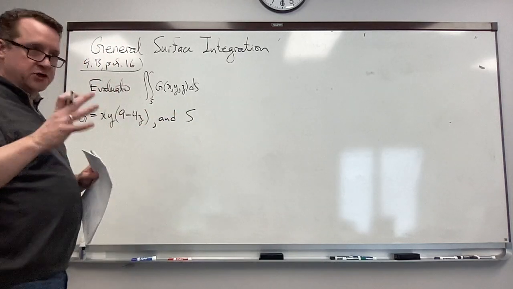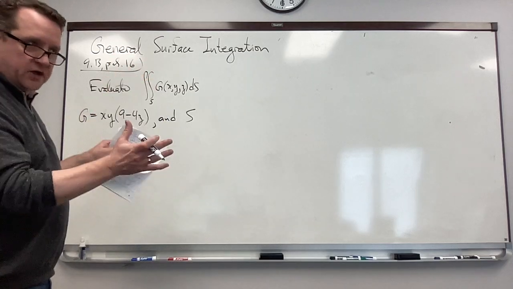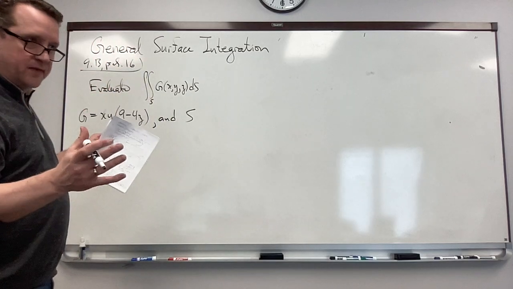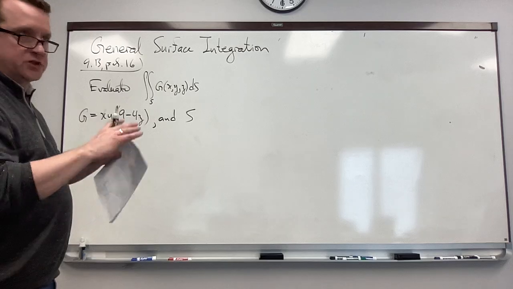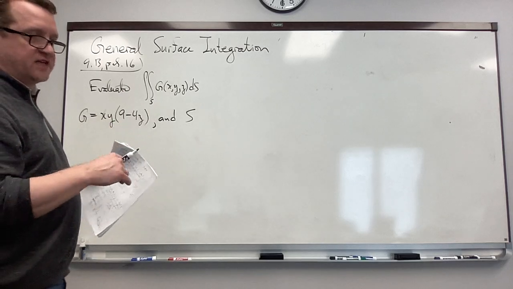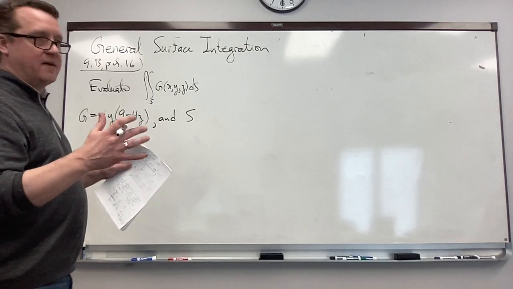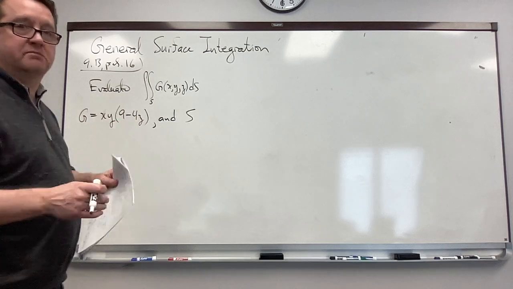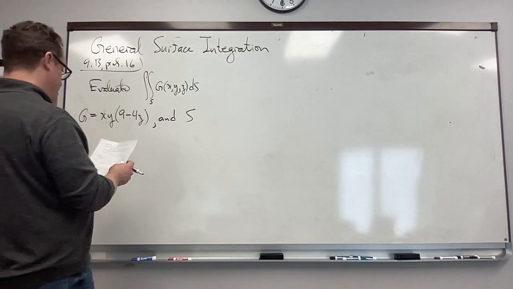There should be two functional definitions in these problems. One functional definition is the thing we're integrating. The other functional definition is what surface. Sometimes the surface is given as a function. Sometimes it's described as the intersection of a whole bunch of curves. It depends on the problem. Here we have a bit of that.